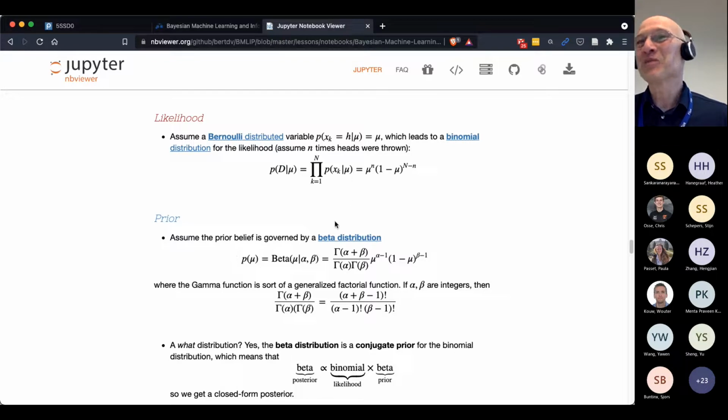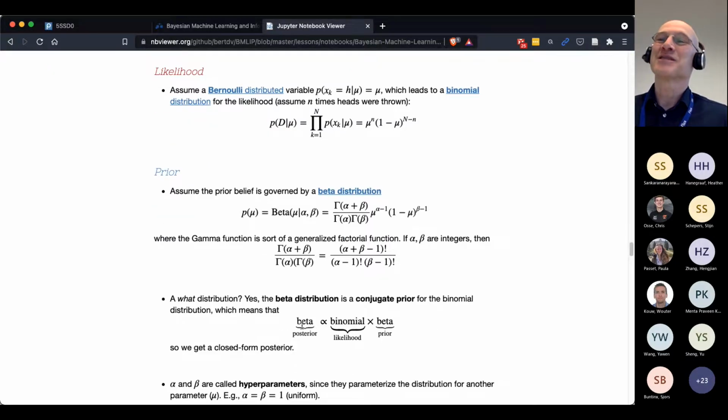And if you multiply the beta with this Bernoulli distribution, then you get another beta distribution, so it's an analytical answer, and you can use that analytical answer as a new posterior, as a new prior, let's say, to give it to somebody else, right?